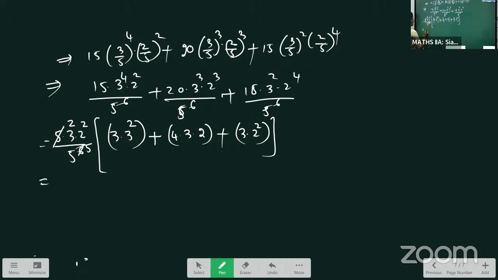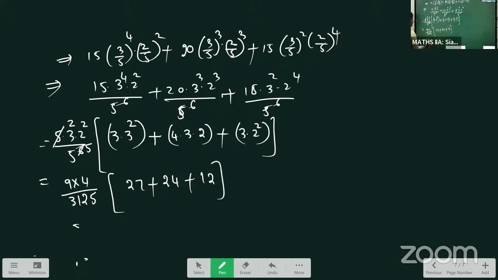3 square is 9 into 2 square is 4 by 5 power 5 is 3125, into 3 into 3 square, 3 into 9, 27, plus 4 3 is 12, 12 into 2, 24, plus 3 into 2 square is 4, 3 4 is 12.